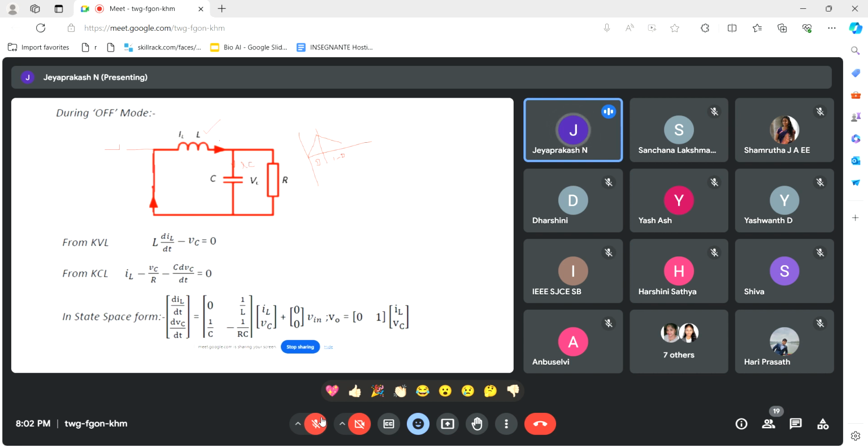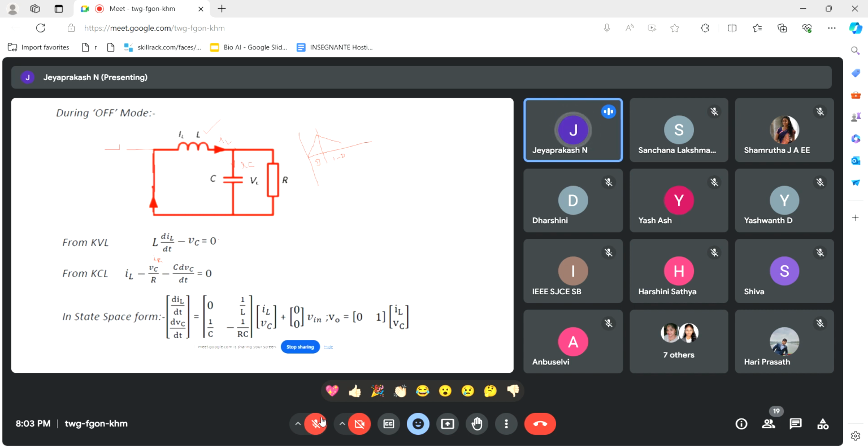Here also the incoming current at this node is IL, and the outgoing currents are IC and IR, which is the load current. Rearranging these equations, we get IL minus VC divided by R. The VC divided by R is nothing but the IR current, so I am writing it in voltage terms: VC divided by R, plus C dV/dt. This term is the current through the capacitor.